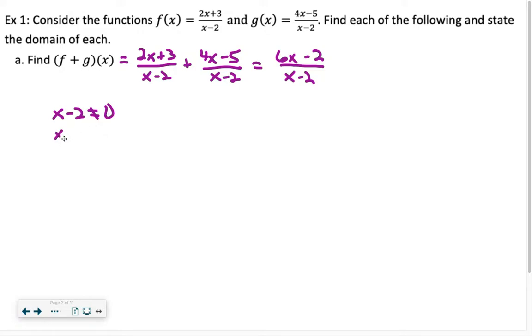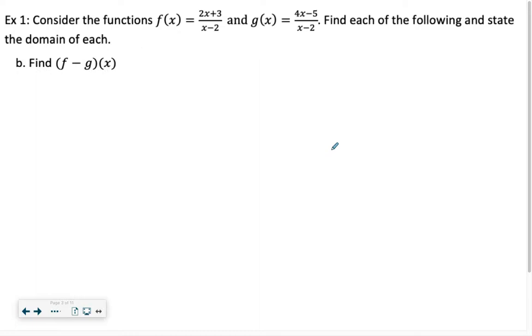So I would just add the 2 over and say that x cannot equal 2. So when we're writing the domain, we would say we want every value except 2. So the way we did that, we said negative infinity up to 2, use a parenthesis to exclude 2, union, and then pick that back up at 2 and go to infinity. All right.